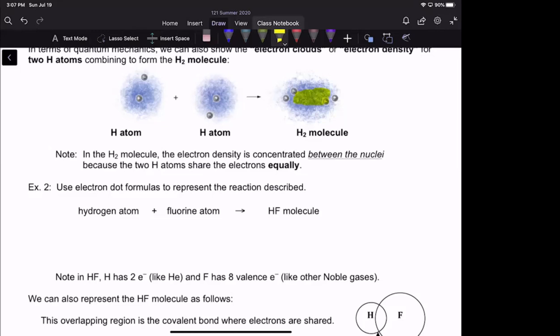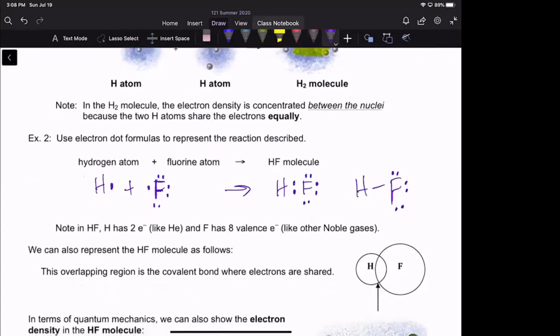Okay, let's take a look at hydrogen with a fluorine atom. All right, these guys come together. We can draw those electrons in between them as paired, so this is our dot structure. But a lot of times we'll see that written as a line as well. So again, maybe it would look like this overlap area in between them.